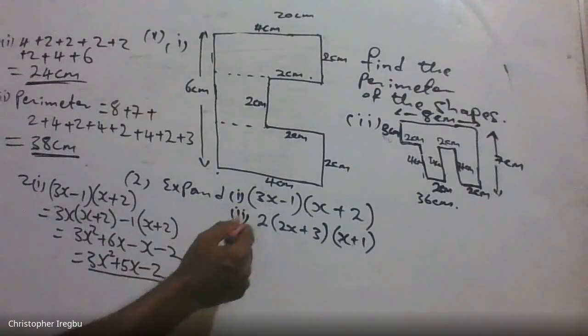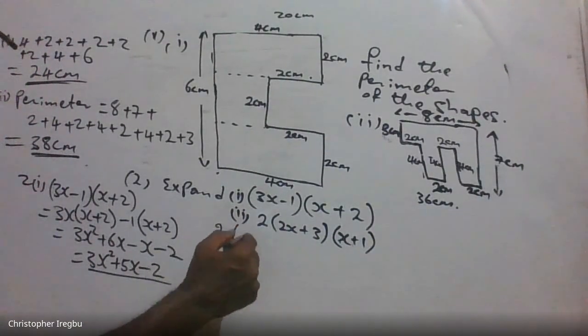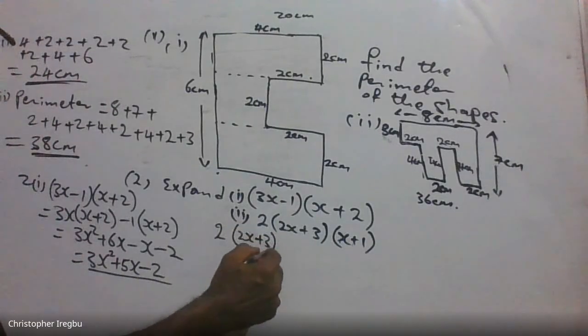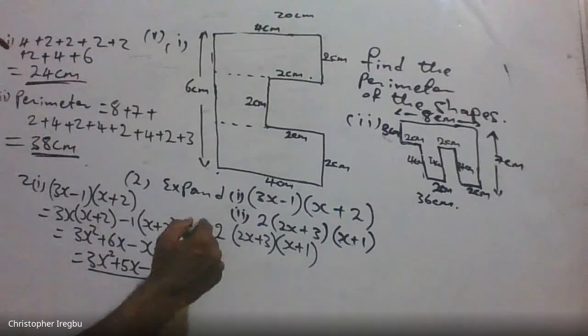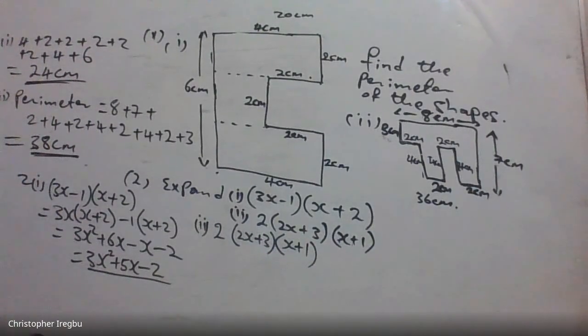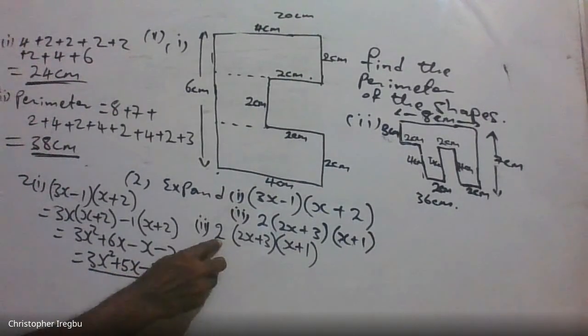So the next one is 2 open bracket 2x plus 3, then open bracket again, x plus 1. This is II. So what do we do there? You first of all open the first bracket with 2.